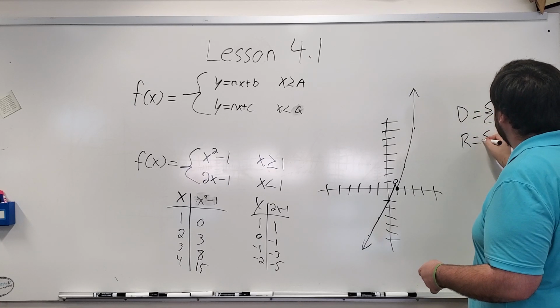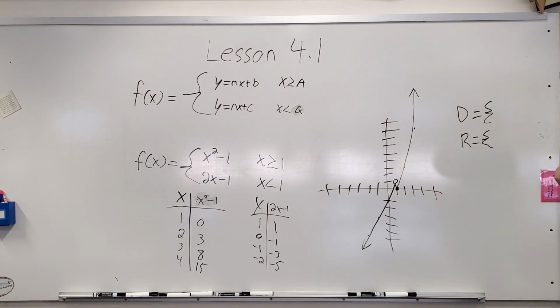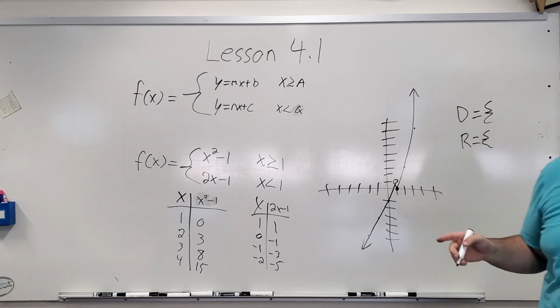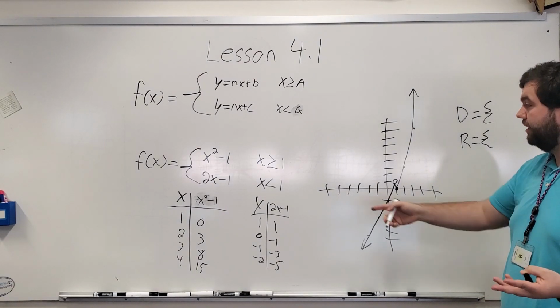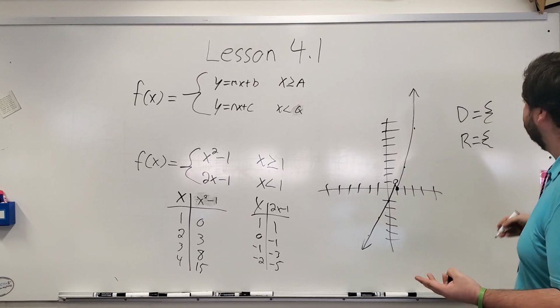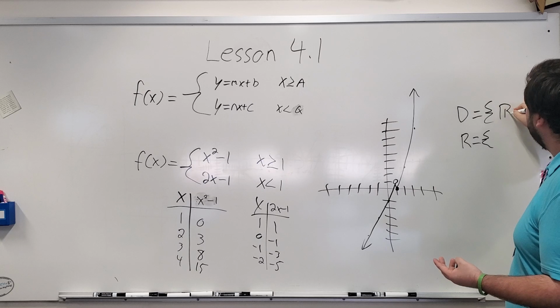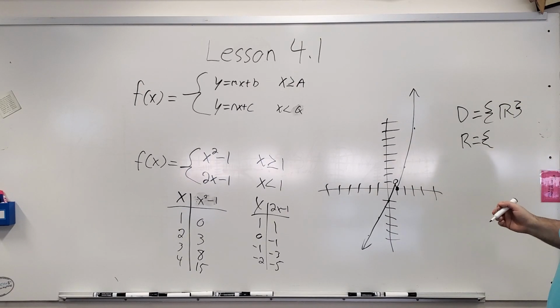So my domain, my range. So I ask myself, what values can I plug in for x? In this case, I can plug in every single value for x and I'll get an answer. So my domain is all real numbers. Then I go, what is my range, right?